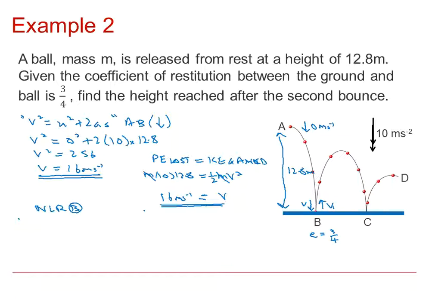So Newton's law of restitution says the coefficient of restitution, which is 3/4, equals the separation speed, and I can see the mass moving away from the ground at a speed v1, divided by the approach speed, and the mass hit the ground at a perpendicular angle with a speed of 16 meters per second.